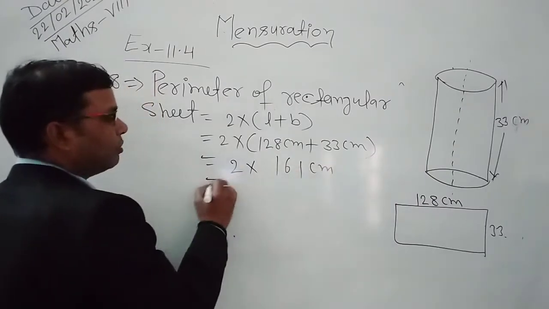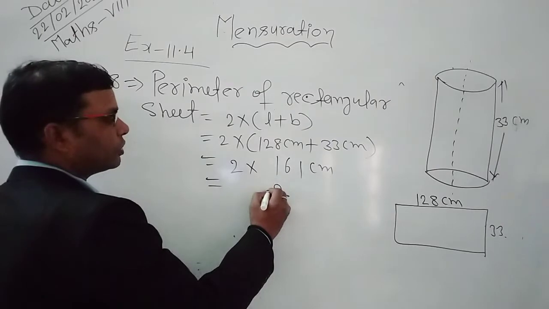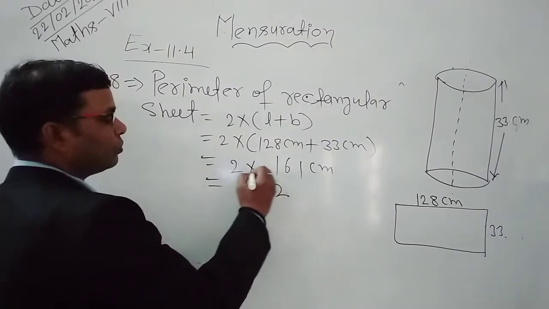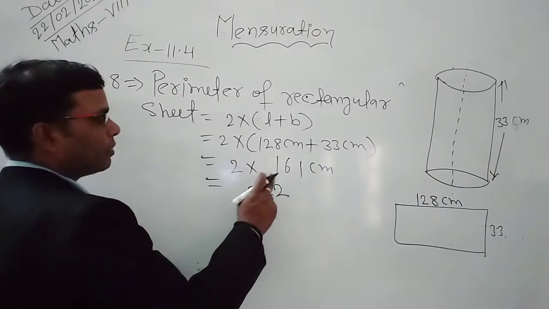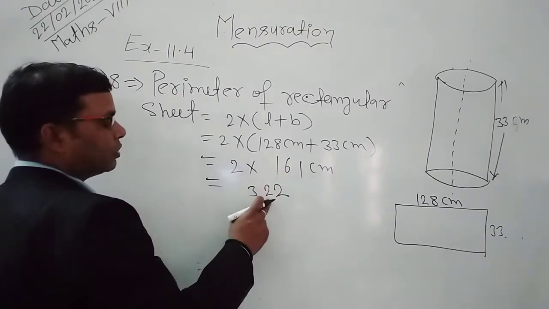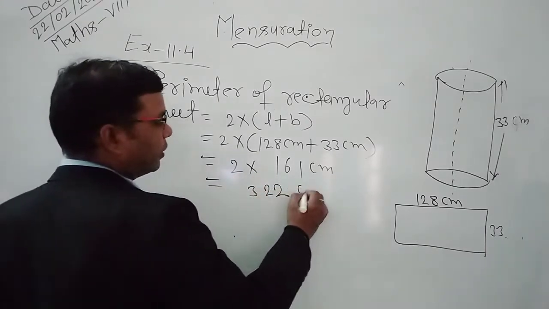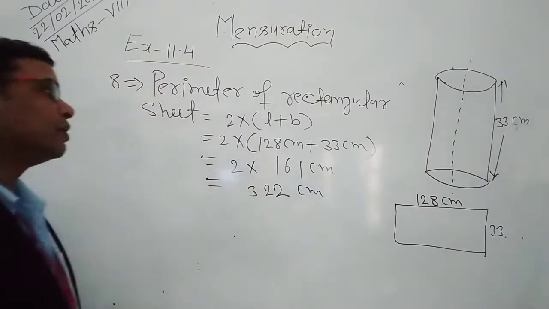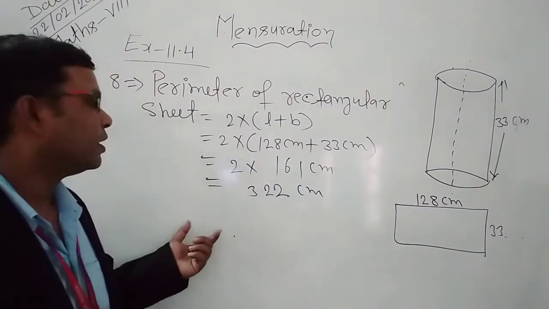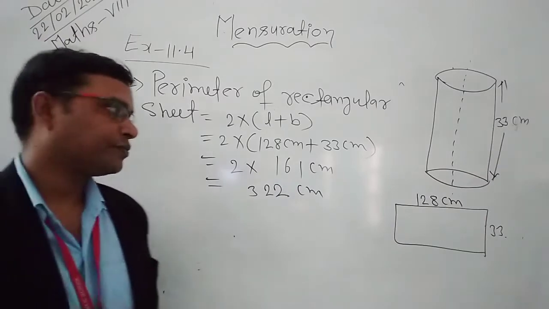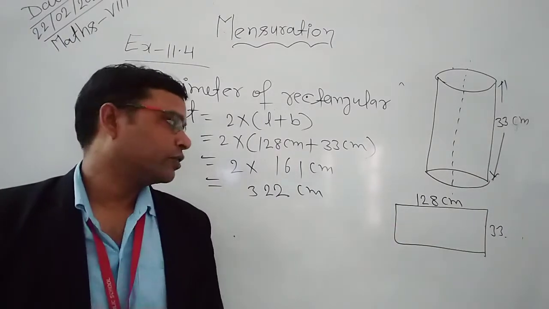Now we multiply this, then we get 2 times 1 is 2, 2 times 6 is 12, carry 1, 2 times 1 is 2, 3, centimeter. This is clear. So student, you can see here, you solve this question and find the perimeter of this rectangular sheet.